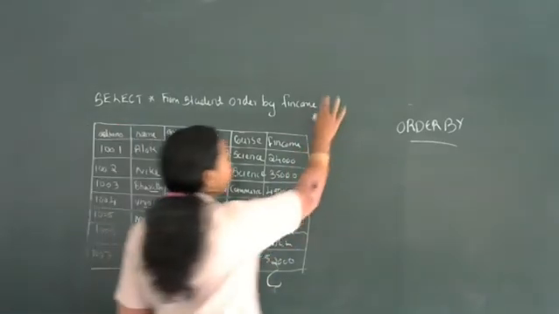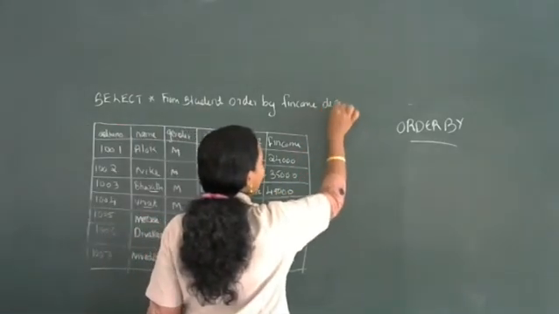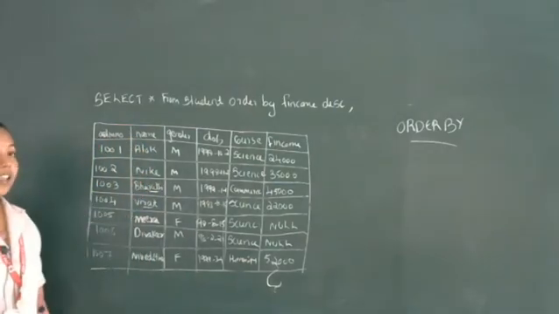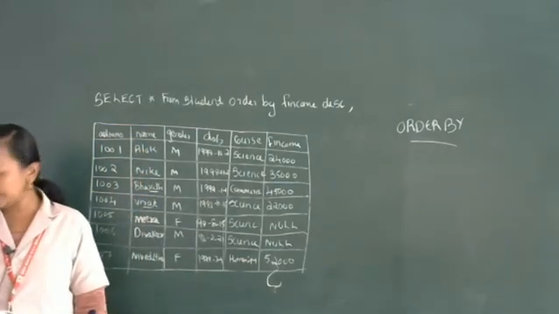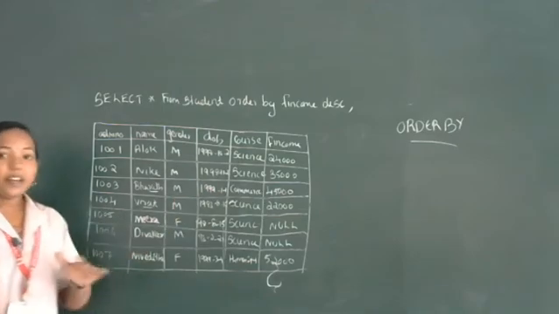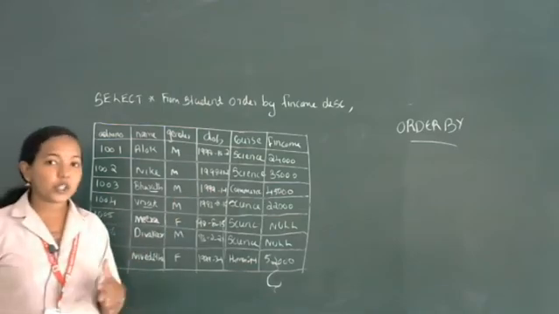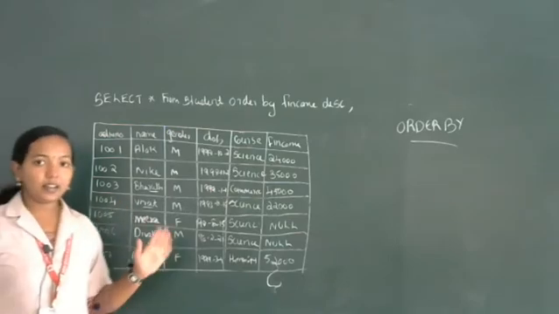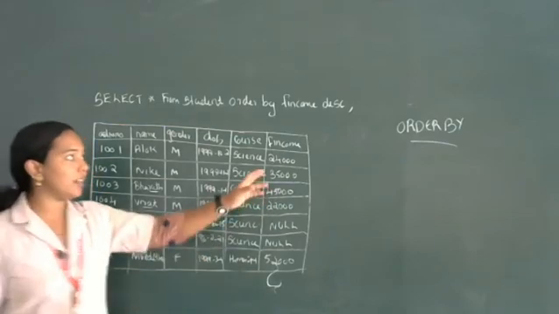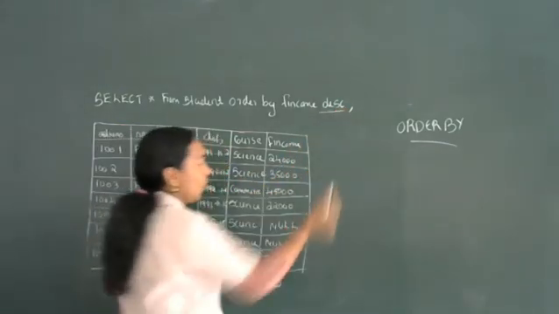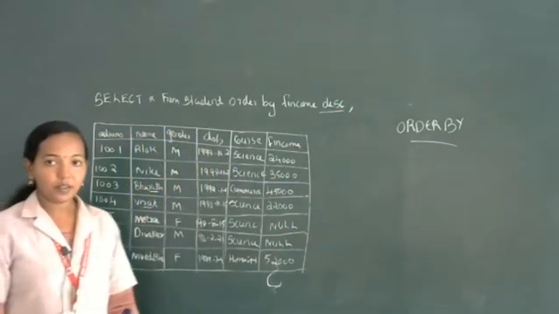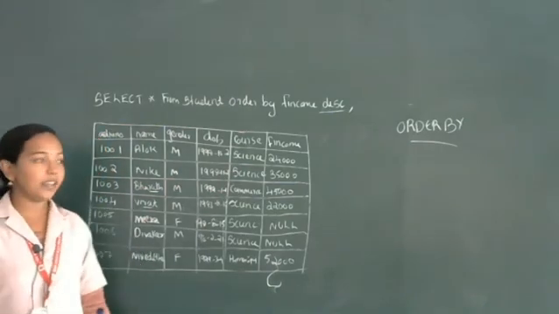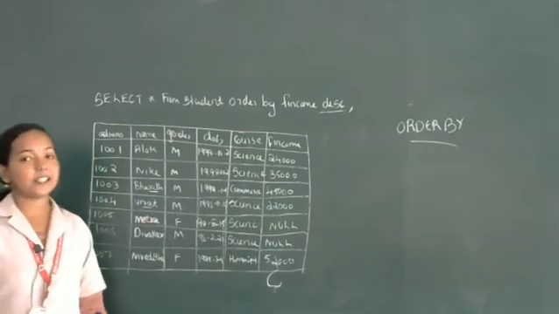Then if I write F income DESC, what will happen? We will get the table but not in ascending order. Which order? Descending order. So if you want to sort the columns in descending order, you need to use a special keyword, DESC. Then automatically the table will come in descending order.